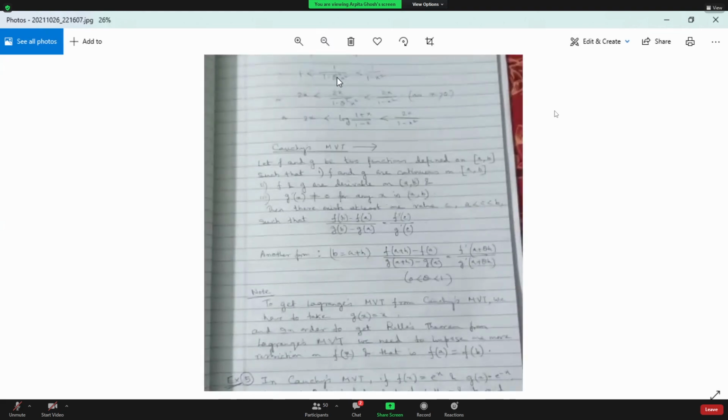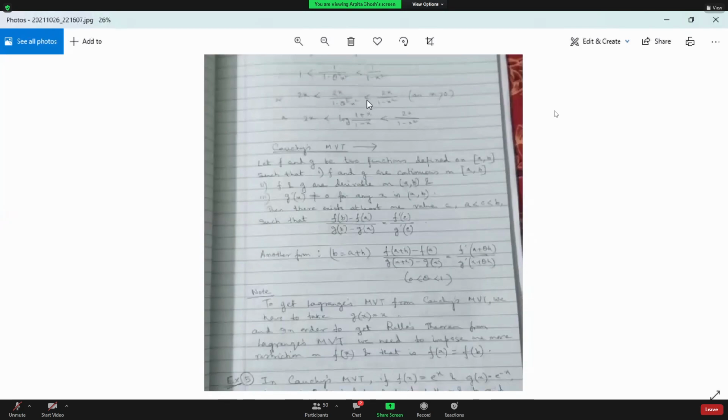That was our expression. So 1 by 1 minus theta square x square lies between 1 and 1 by 1 minus x square. So if we multiply throughout by 2x, we'll have 2x less than 2x by 1 minus theta square x square less than 2x by 1 minus x square. As the x is positive, therefore sign won't change. That will remain like this.